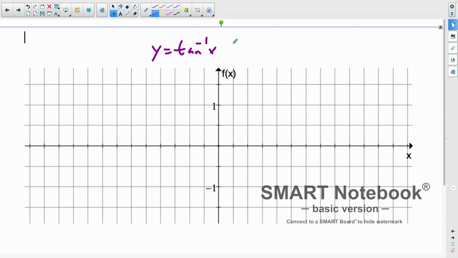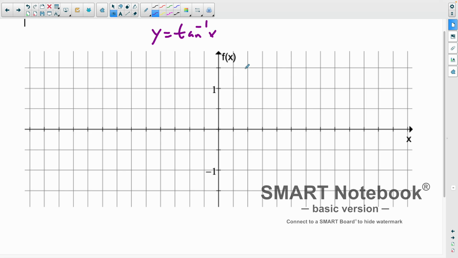I had vertical asymptotes, every 180, and the exact location was at 90. I'm going to have a horizontal asymptote in the inverse. So at 1, 2, 3, that would be 30, 60, 90, I have a horizontal asymptote. At negative 90, I have another horizontal asymptote. So my asymptotes get carried over as well.